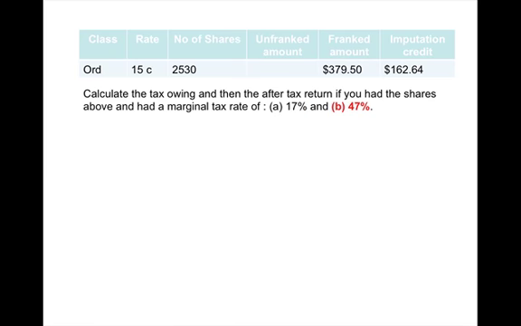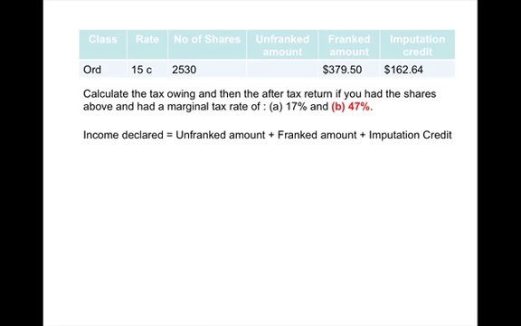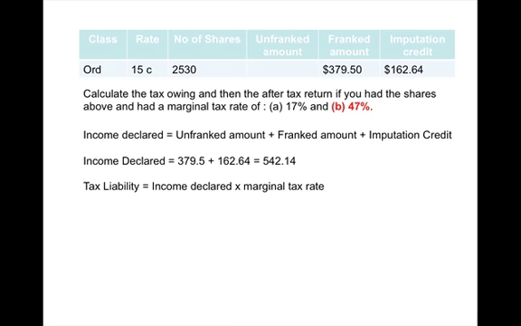We're now looking at 47%. So your tax rate is higher than the 30. So same thing, income declared, unfranked amount, plus franked amount plus imputation credit, which gives you 379, add 162, gives you $542.14, same as before. Your tax liability, same deal, $542.14, but now it's times 47%, so it's $254.81. Okay, so you're meant to be paying $254.81, but you've only paid $162.64 because that's what the imputation credit is.